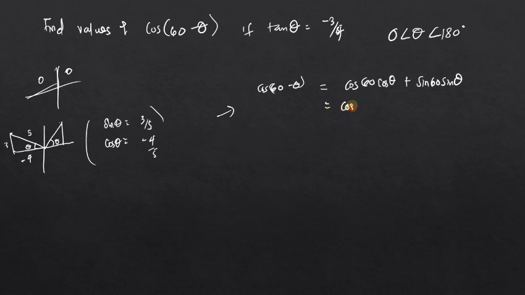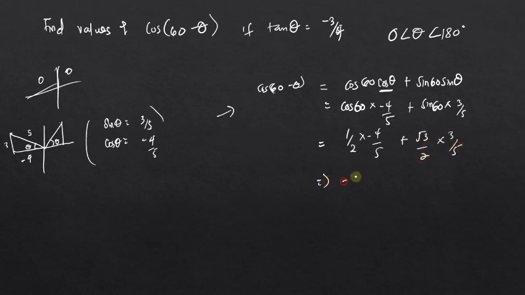We know we have cos 60, so now we are going to look for cos theta, which is negative 4 over 5, plus sine 60 times 3 over 5. Cos 60 is 1 over 2 times negative 4 over 5, plus this is root 3 over 2 times 3 over 5.